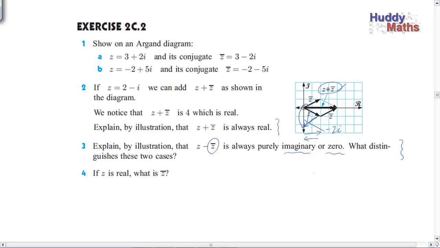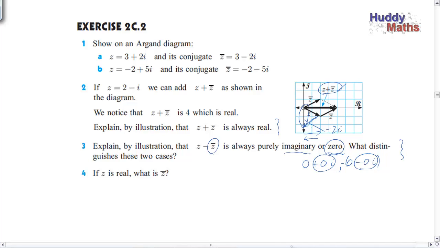But can it be zero? How could z take the conjugate of z be 0? Well, it would have to be that the number was just real, wouldn't it? Because what we're saying is 0 plus 0i, and 0 take 0i. So you end up with double the imaginary part when you subtract them.